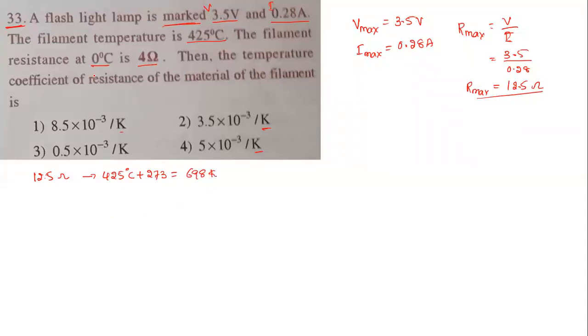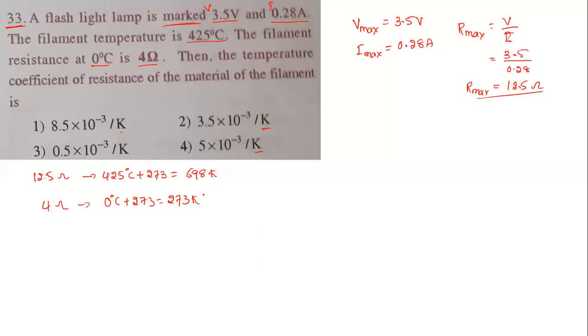And then at 0 degrees Celsius, they gave 4 ohm, right? 0 degrees Celsius means 0 plus 273, so it becomes 273 Kelvin.